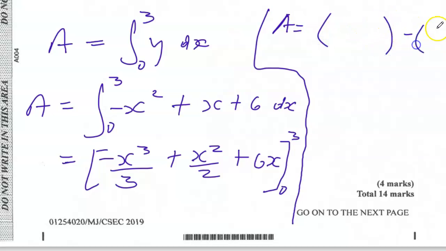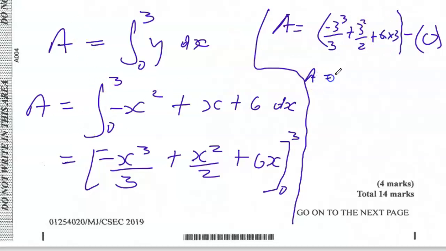In one bracket we replace the x with 3, and in the other bracket, replace the x with 0. Replacing x with 0, everything becomes 0 in the second bracket, right? In the first bracket, replace x with the top number 3, so it's minus 3 cubed over 3 plus 3 squared over 2 plus 6 times 3.